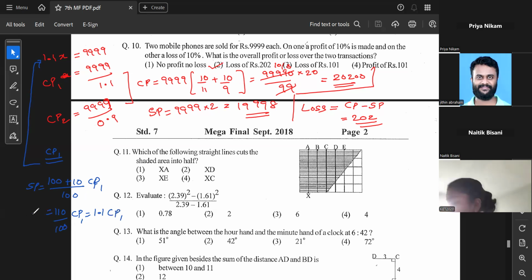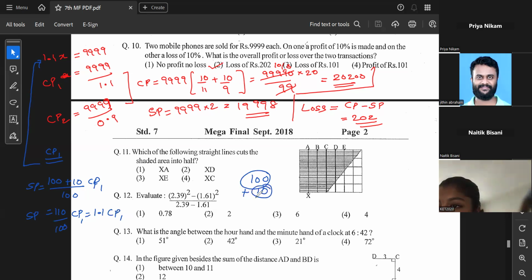You get my point? Sir, why did you do selling price, 100 plus? Why? Because 10 percentage is profit. What does profit mean? Whatever is your original price. For example, if you have bought an article for 10 rupees and if you're selling at 10 percentage profit, you will be getting an extra 10 of whatever 100 you've put.